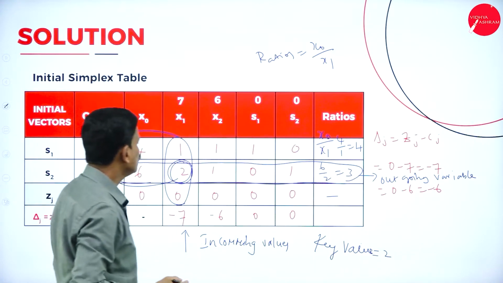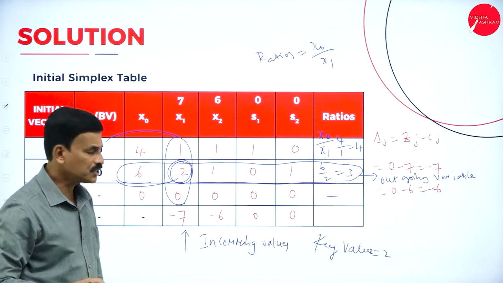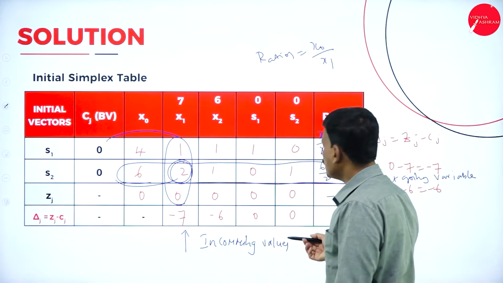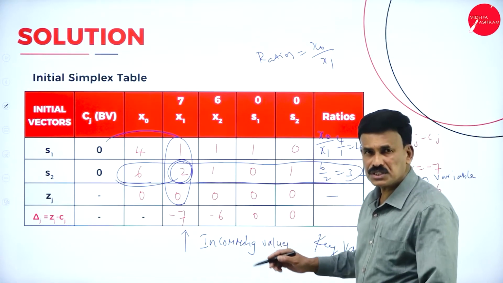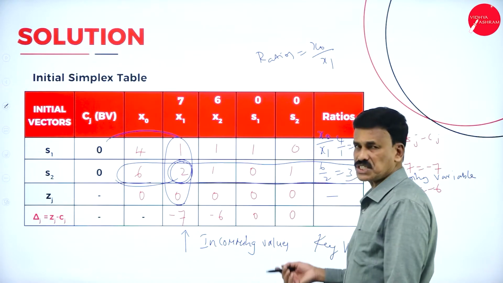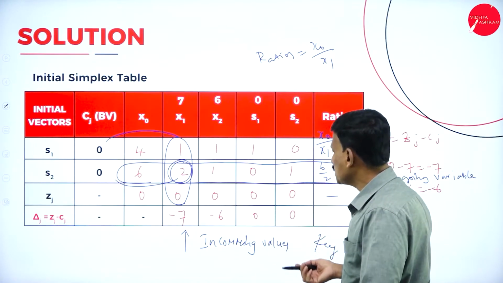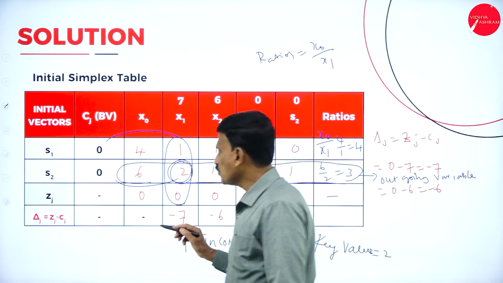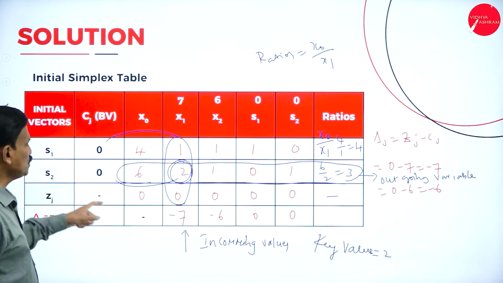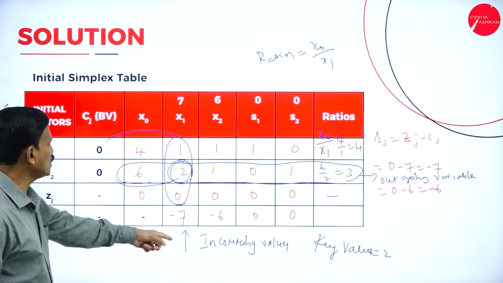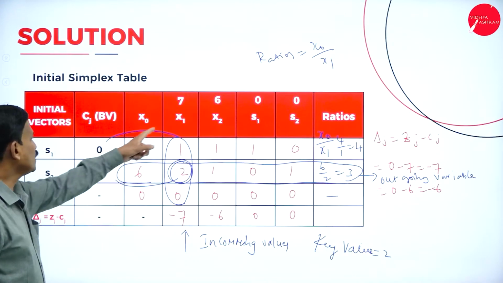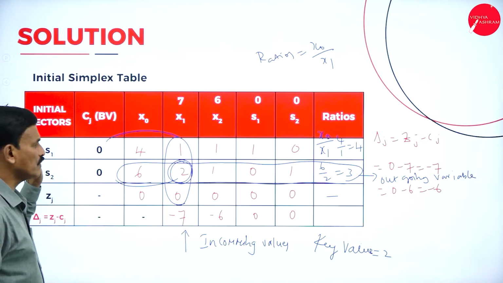Since here we have negative values, optimality is not reached, hence we have to go for the next iteration, that is the first iteration. In the first iteration table, what are the things we are going to do? First of all, x2 is replaced by the incoming variable, that is x1, and the coefficient of x1 here is 7.